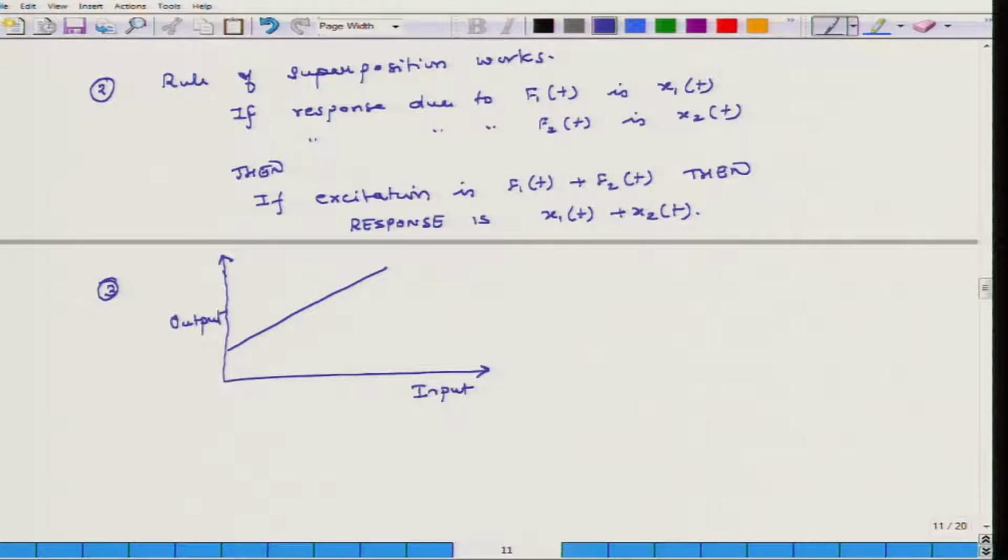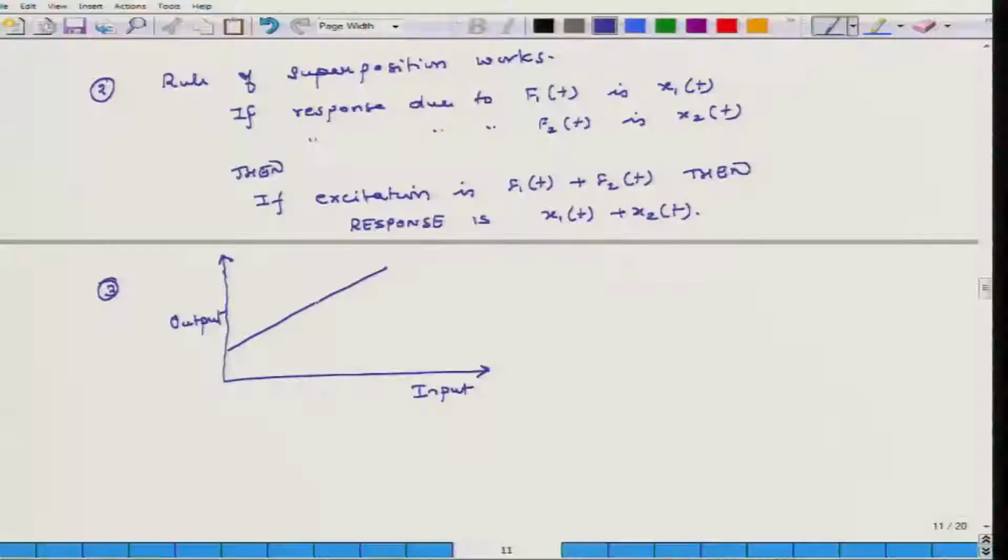So, if I double my input, output will also increase proportionally. It may not necessarily double, there will be some slope associated with it, and there may be a DC offset also, but the slope is going to be constant. The slope of the line which maps output to input does not change as I change my input. That is why we call these systems linear.